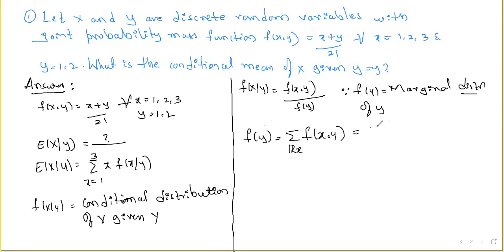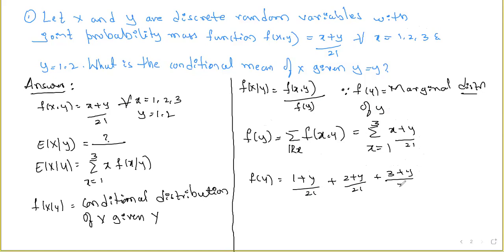This is equal to summation x running from 1 to 3, f of x, y is x plus y divided by 21, right? Now f of y: put x equal to 1, that is 1 plus y by 21. Put x equal to 2, that is 2 plus y by 21. Put x equal to 3, that is 3 plus y by 21. That is 1 plus y plus 2 plus y plus 3 plus y divided by 21.